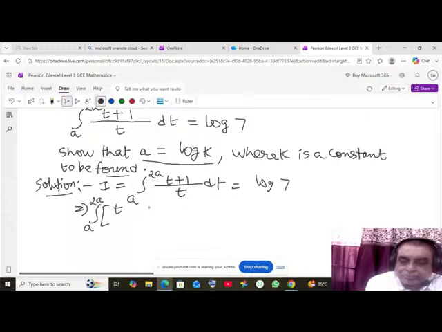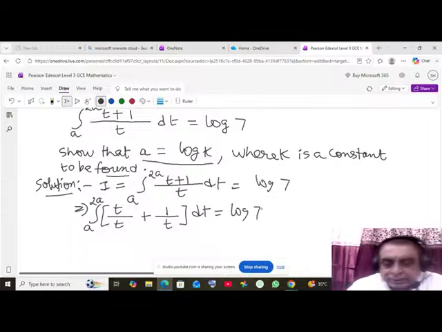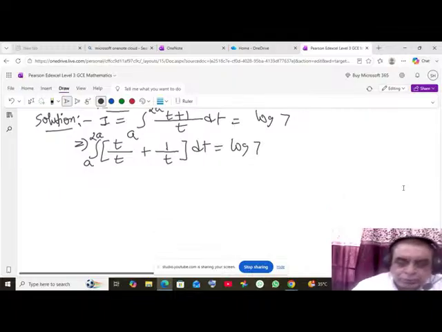The first term of the numerator is t, divide it by the denominator t, plus the second term of the numerator, 1, divided by t, dt, equals log 7. Now simplify it. So what do we get?